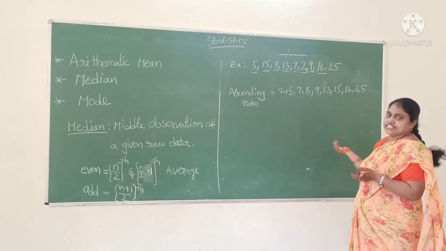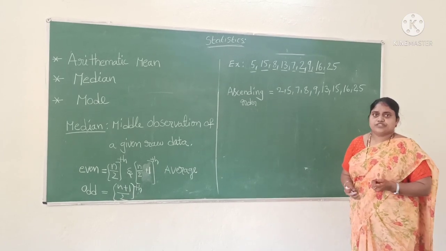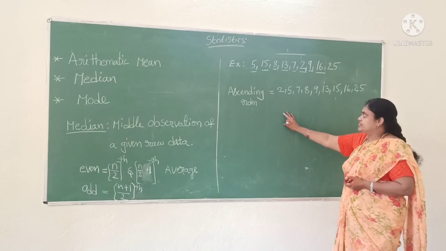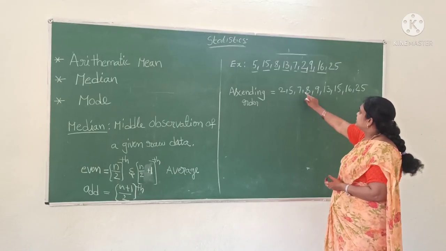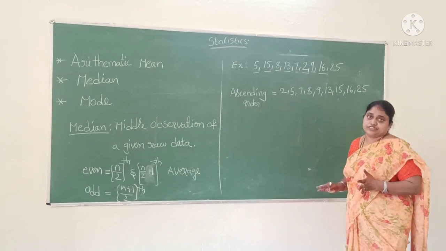This is the ascending order, and you can use descending order also. I take ascending order: 2, 5, 7, 8, 9, 13, 15, 16 and 25.